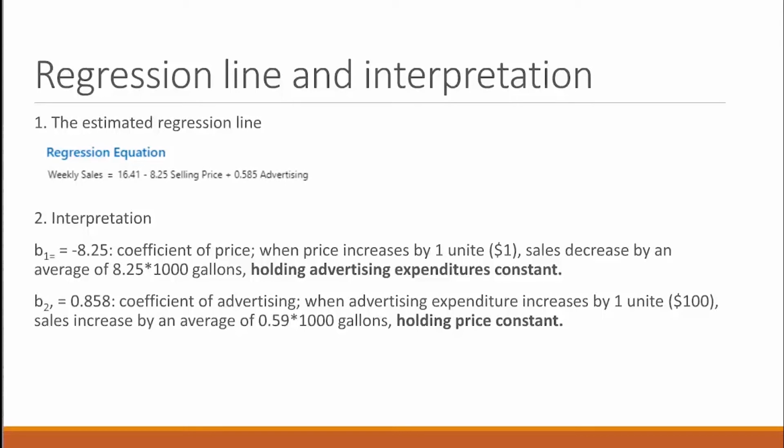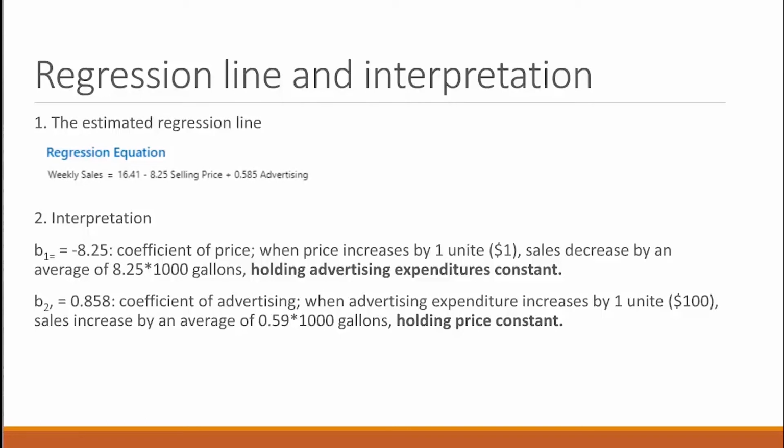Looking at the first coefficient, which is negative 8.25, we had a similar coefficient in Chapter 6 when we looked at the simple linear regression model. So the interpretation for this number is similar, but with a very important condition. And I highlighted that condition in bold.